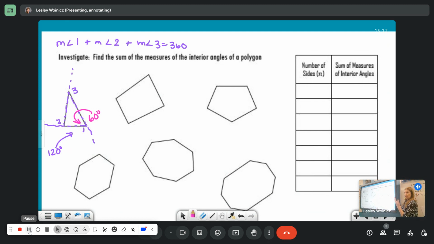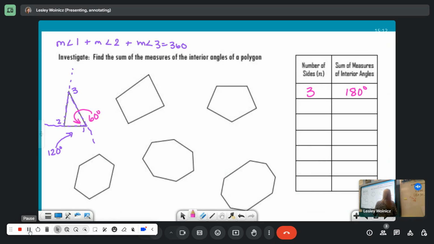Everybody okay with how we got that? So when we had 3 sides, the sum of the measures of the interior angles would be 180. And we already knew that because of the triangle sum theorem. But it's always fun to be able to get the same result in a different way.